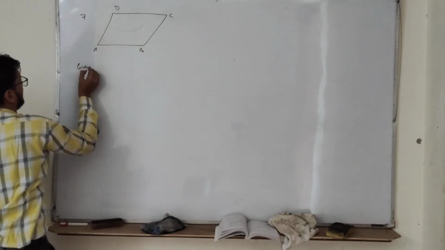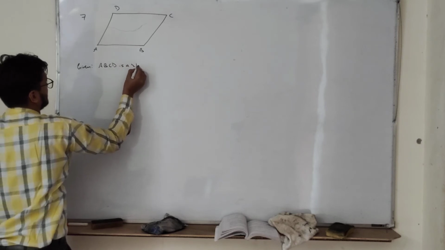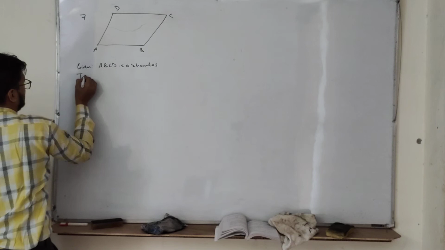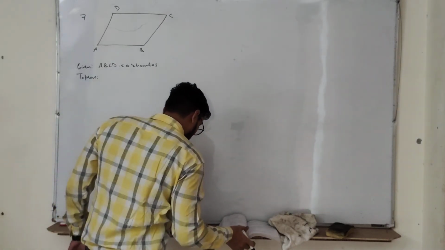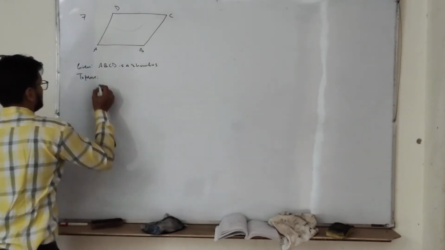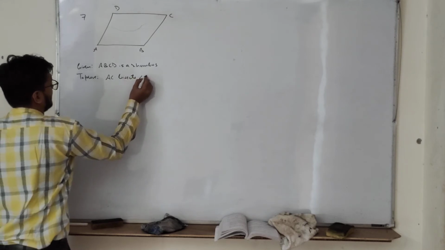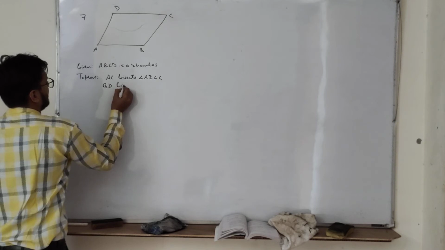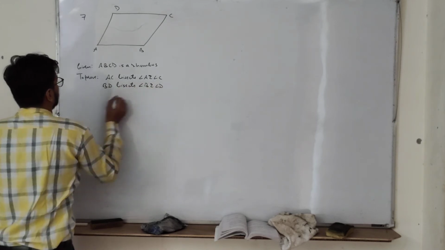To prove: we have to show that diagonal AC bisects angle A as well as angle C, and BD bisects angle B and angle D.